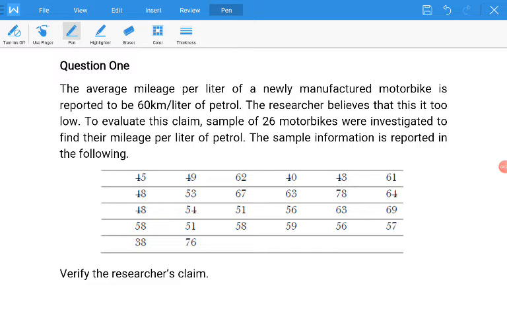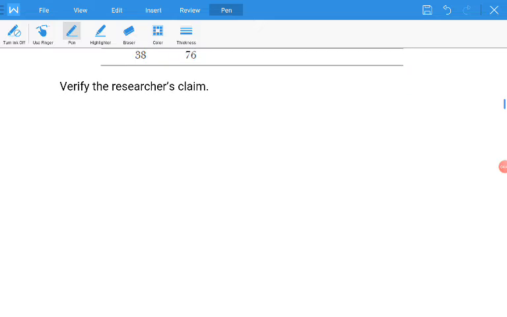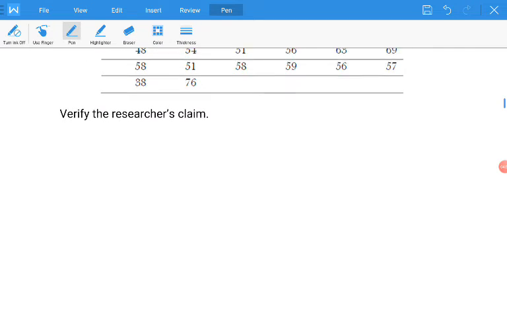To evaluate his claim, a sample of 26 motorbikes were investigated to find their mileage per liter of fuel. The sample information is reported in the following table. Verify the researcher's claim.